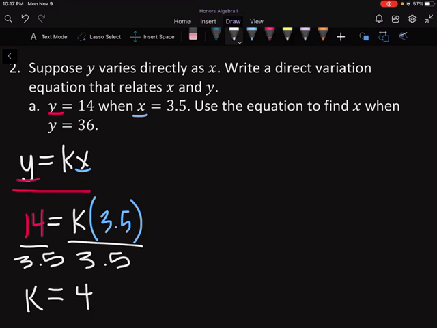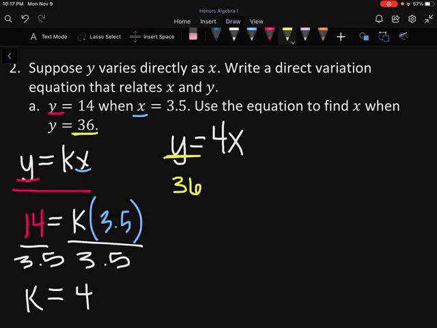So I want you to write the direct variation equation. y is equal to 4x. And then it asks us, use the equation to find x when y is 36. So then we would plug in 36 to y.